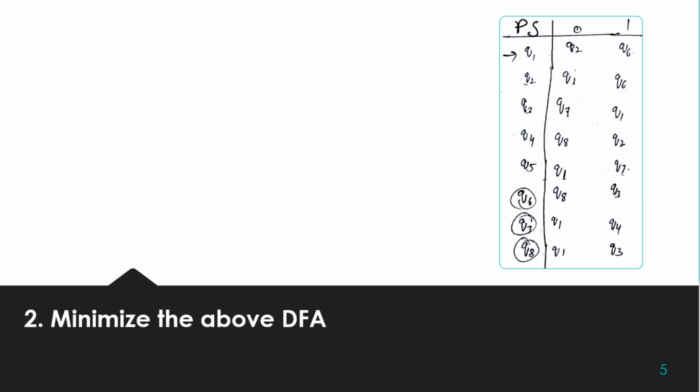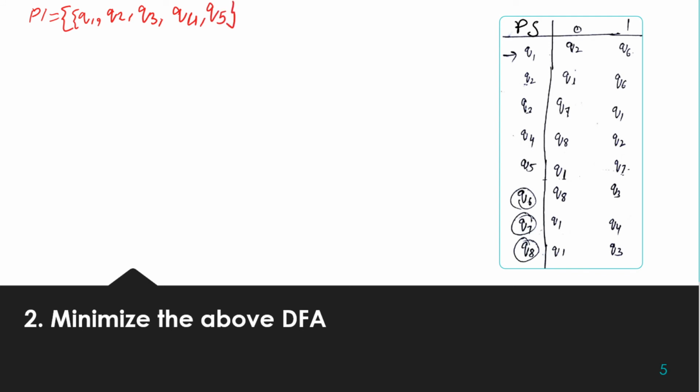So this is our second example. In this example, let's start with partition 1. So for partition 1, we have the group of non-final states as Q1, Q2, Q3, Q4, Q5.